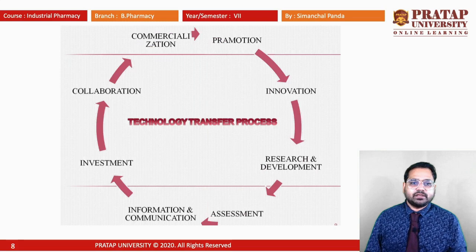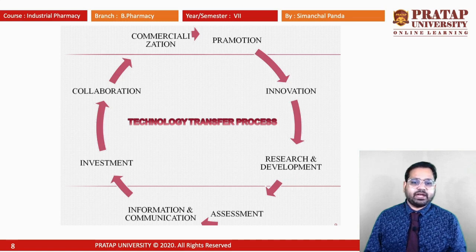We can see here that technology transfer is a cycle, where it starts and ends in the same place. The basic thing is we can start from the innovation: any product that has been innovated by a unique idea has to go for research and development. From research and development we go for the assessment, and from the assessment we go for information and communication.